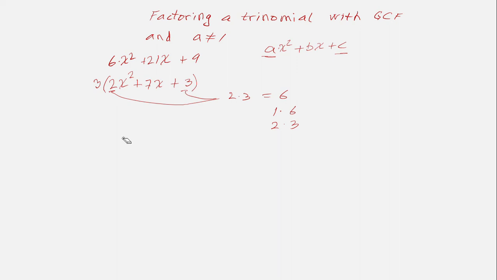Okay, so now what we need to do is copy our 3, because that shouldn't be lost. It's always part of the problem. And then we open 2 sets of parentheses. And if you remember from one of the previous videos, we just copy the coefficient and then x down. The coefficient and then x down.